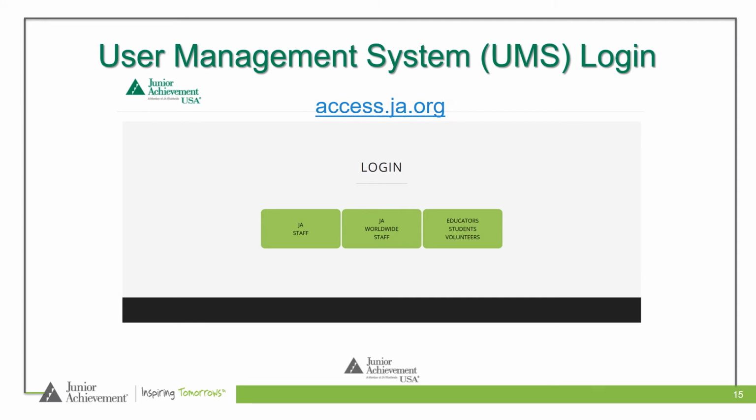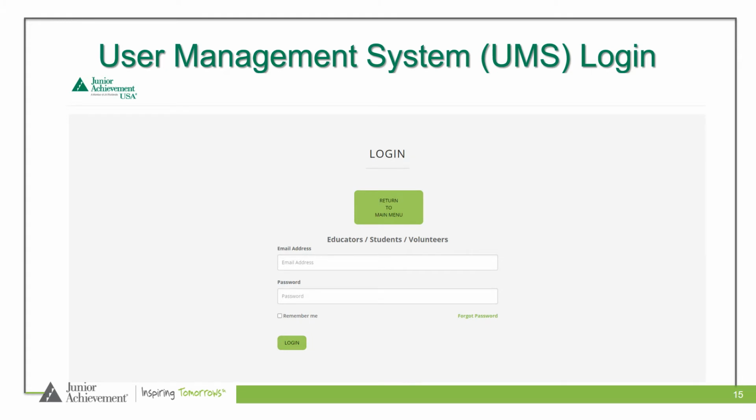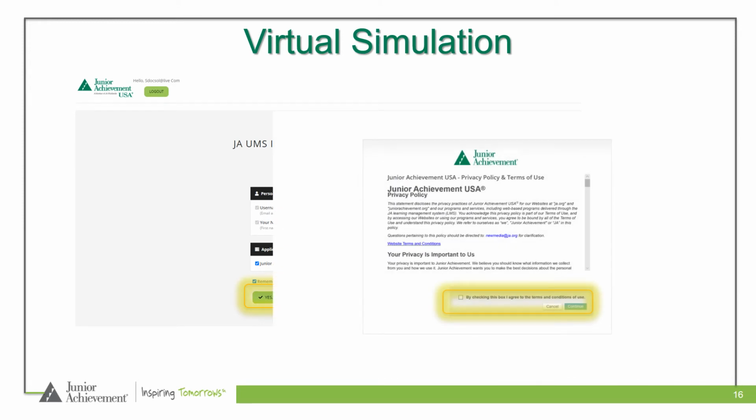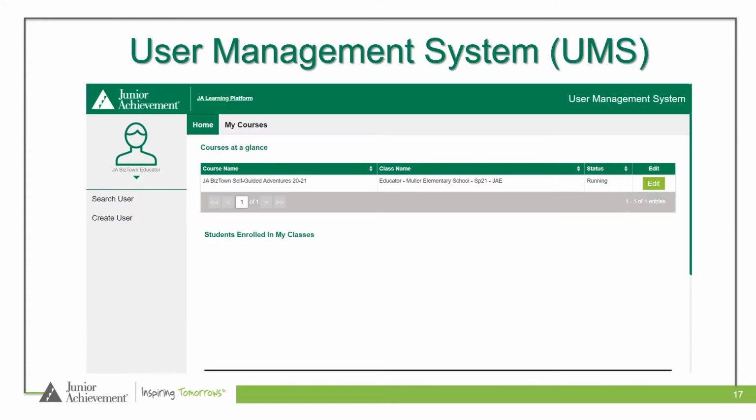Once your password is set up, you will click the Educator Student Volunteer button to log in using your email address and personalized password. The first time teachers log in, you will have to allow the system access and then agree to the privacy policy. After you log in, this will be your homepage.